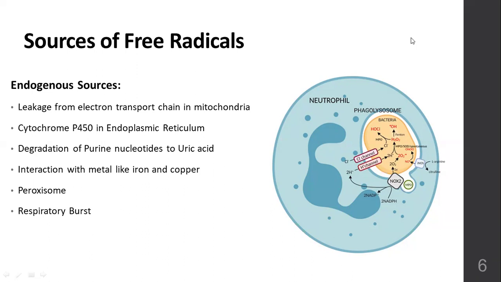How much ever healthy you are, how much ever diet conscious you are, how much ever physically active you are, free radicals will be produced within you through these areas. Endogenous sources means because of the doing of your own body, your own cellular activity. So leakage of electrons from the transport chain in the mitochondria.